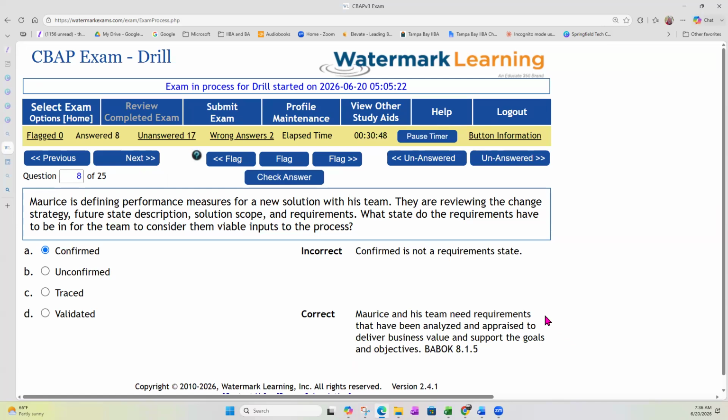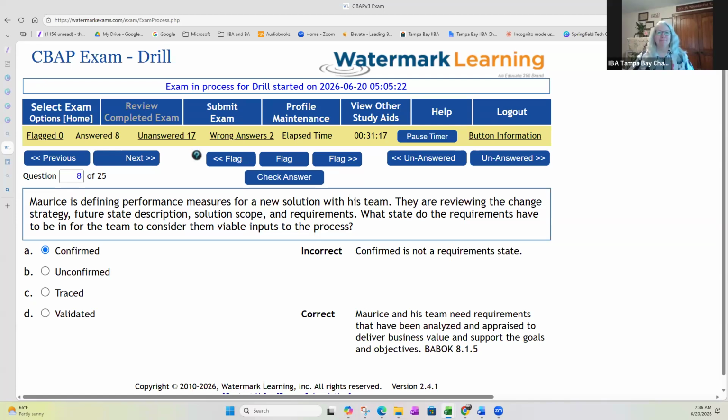Validate. So the correct state for them is they have to have been validated. So they've got to be validated before they can move into the requirements validated state, and then from requirements validated, they can move into the rest of the tasks. Okay, it's the elicitation that has the unconfirmed and confirmed. Mm-hmm. Can we have a look at the trace?